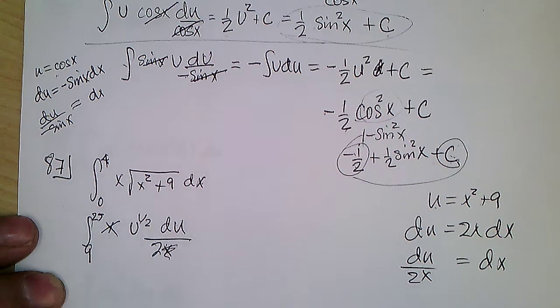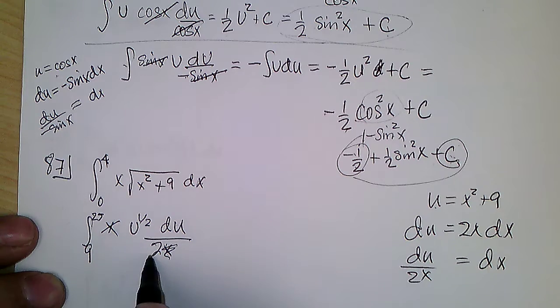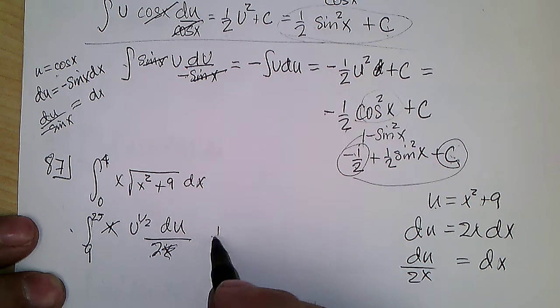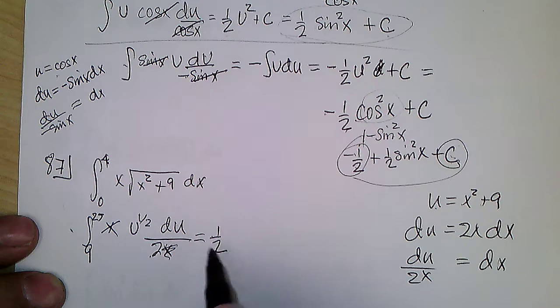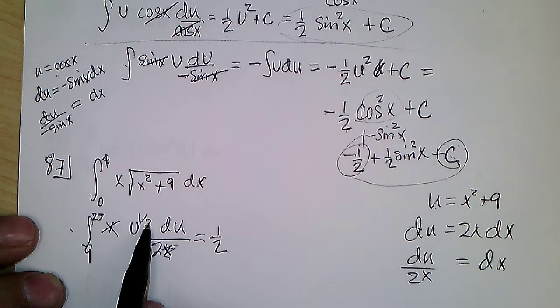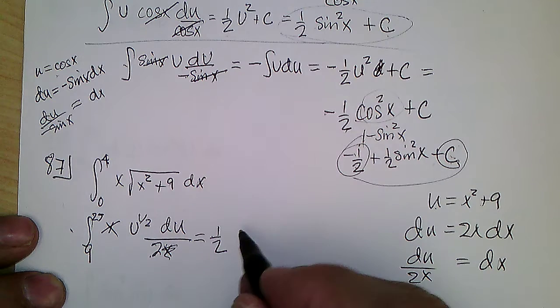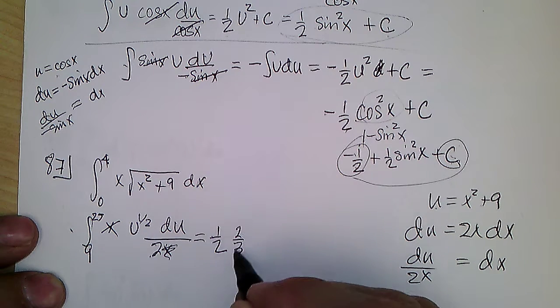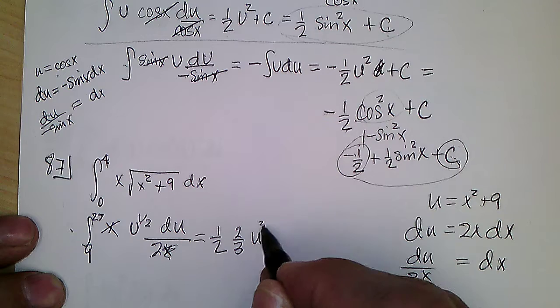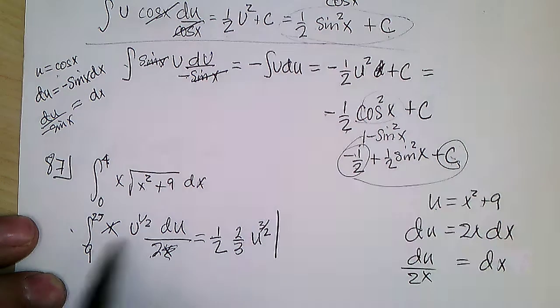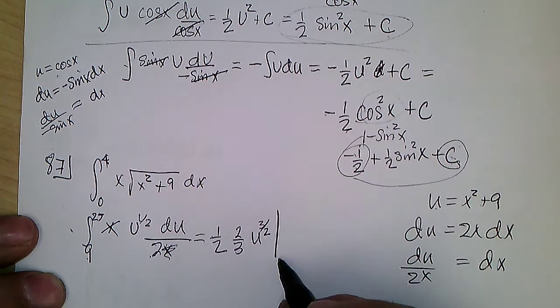The x's cancel, so I got a half. Integral of u to the 1/2 would be, add 1, would be 3/2, divide by it, so it would be 2/3 u to the 3/2.